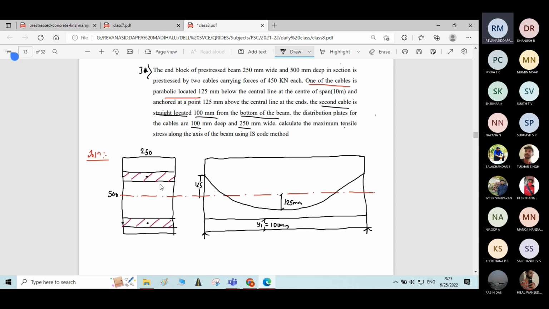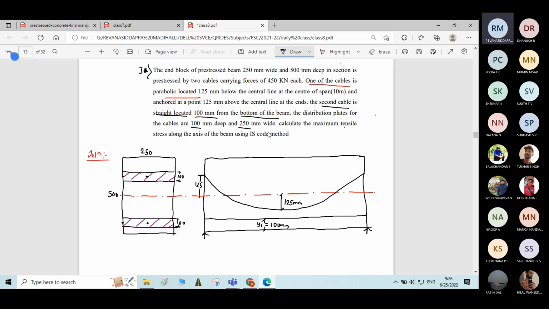So this is the cable location. Here there will be a cable at this point and this point. The depth of the plate is 100 mm and the width is 250 mm. This is the size of the plate.